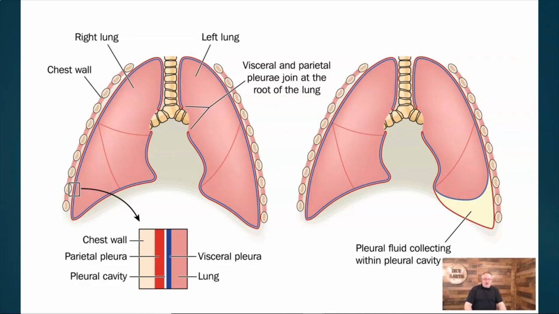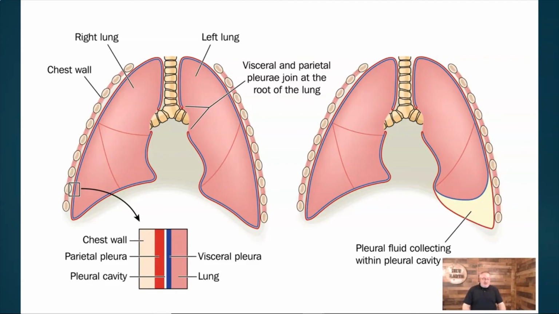Here's what I wanted to talk about. We have bags within bags. There's an outer wrapping of our lungs, and then there's another bag on the other side. Basically our lungs are double bagged.